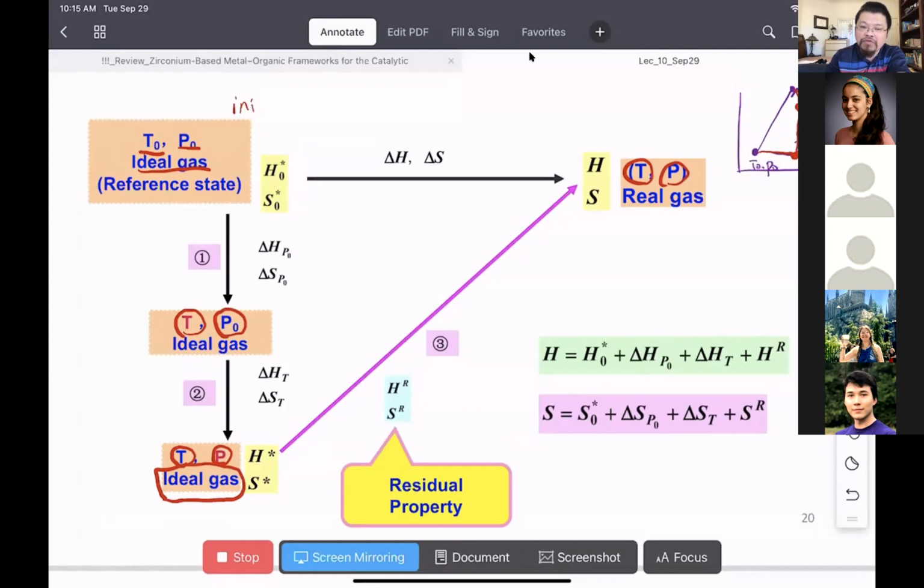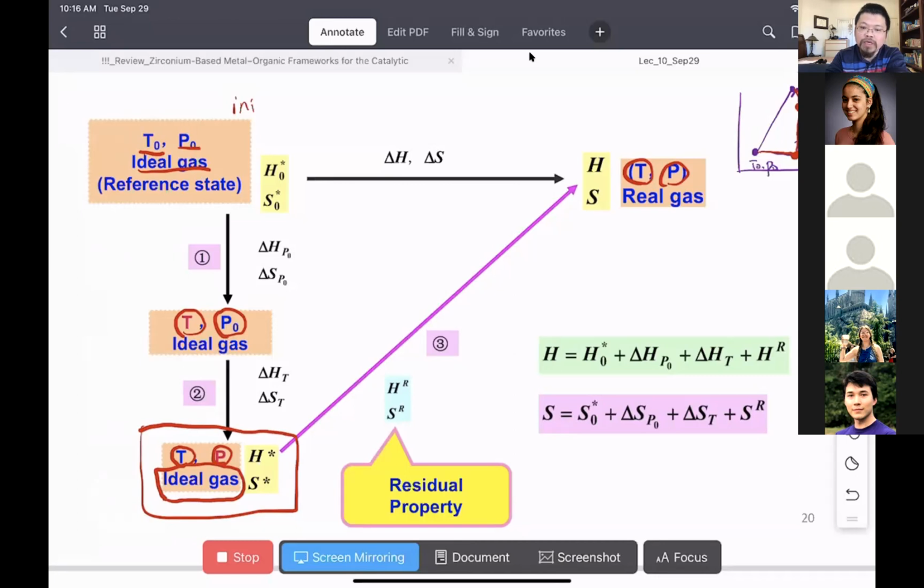So we try to carefully evaluate when we are moving the temperature and pressure, the state of the gas is changing from ideal to real. So here we add this imaginary condition, saying the temperature and pressure are at the exact real temperature and pressure, but we assume the behavior of the gas is still ideal gas.